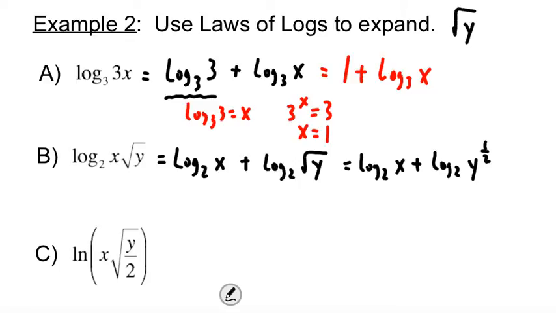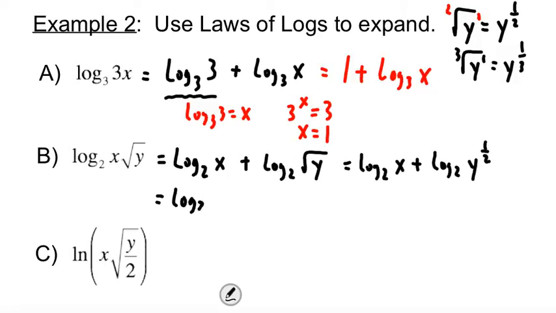Because there's like a 1 here, and we don't put the 2 out here, but it's kind of like there's a 2 there, so it becomes y to the 1/2. If this was the cube root of y, there's like a 1 there, and this would become y to the 1/3 power. So now we can see that, we've got that all written out there.